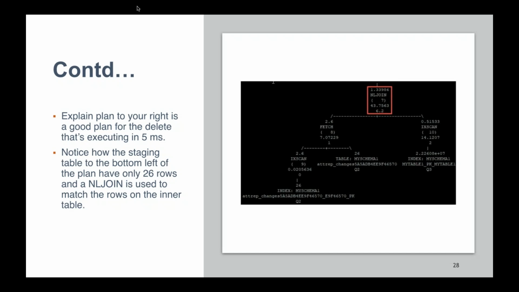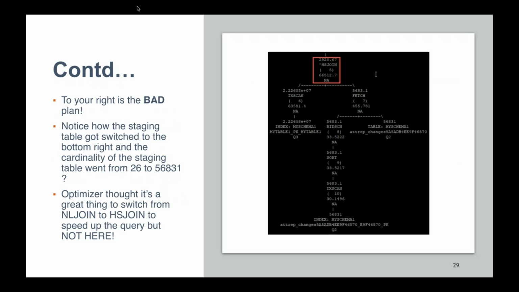However, this is the bad plan that ran for 10 minutes. See how it's switched from nested loop to hash join, and see how the inner table is now the staging table, and the outer table is now the actual table that we are trying to delete the records from.